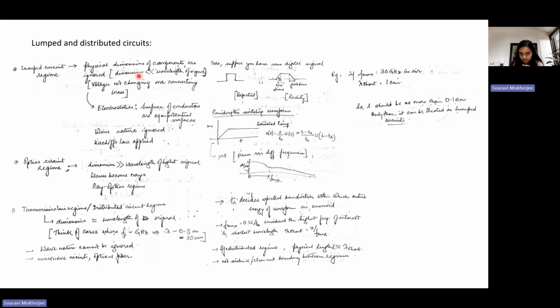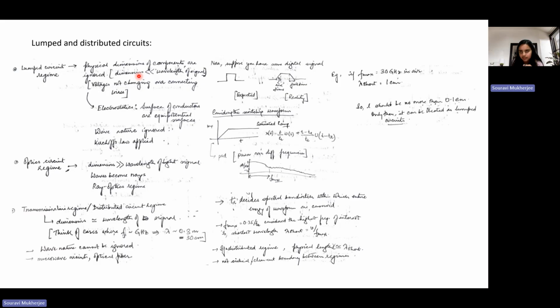So if you have a wire which matches with this typical length scale, then we are talking about situations where the dimensions of your components are comparable to the wavelength of the signal. And now you cannot actually ignore the wave nature, right? And this is the region where the effect of these connecting wires becomes very significant.